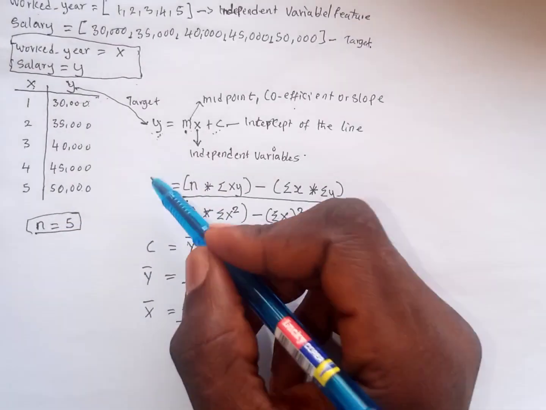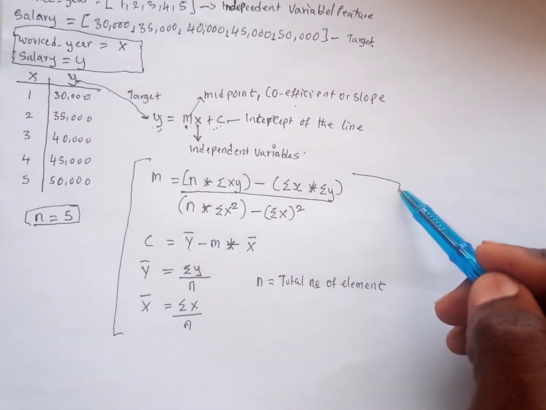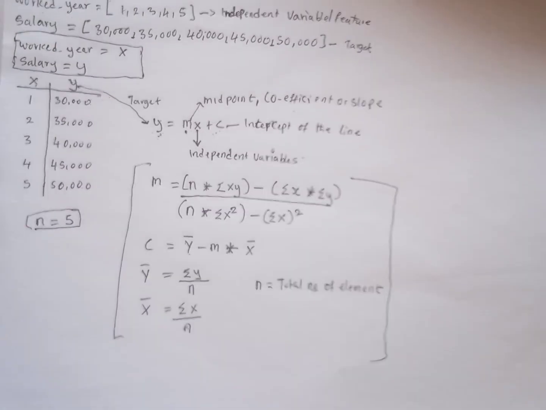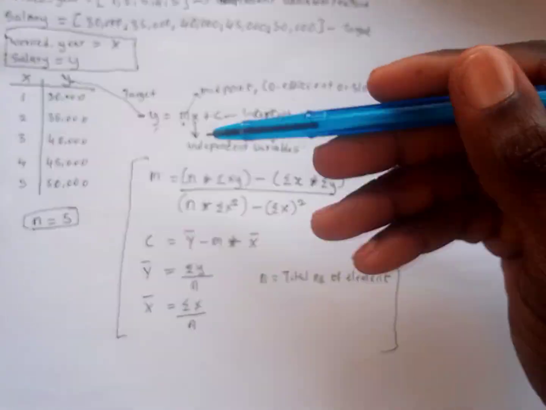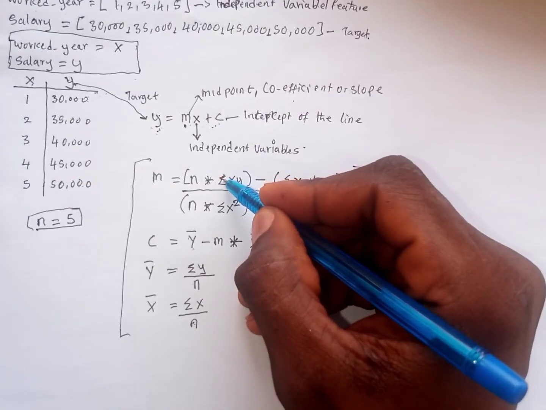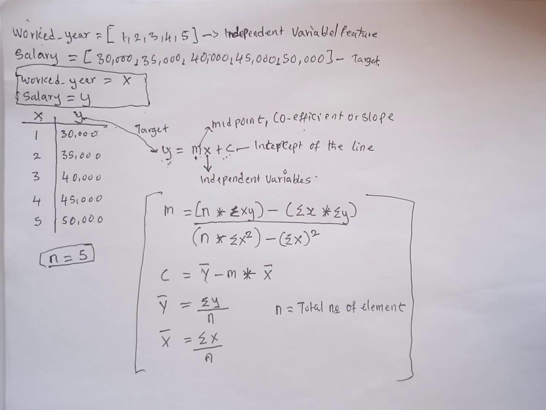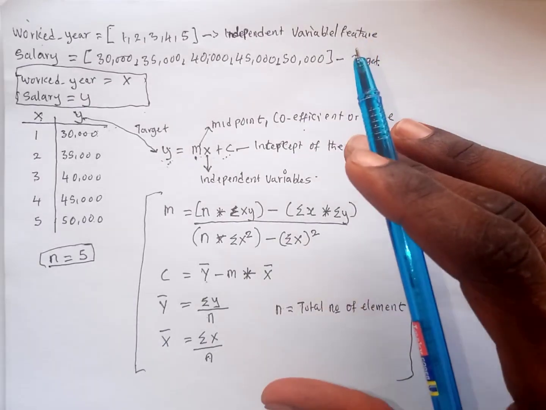So this is basically every formula that we need to actually solve our linear regression problem. What we're going to do next is get our summations. We know what summation is. Summation is the total sum of a set of elements.